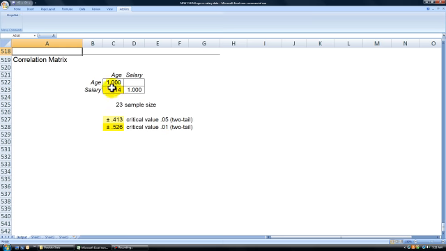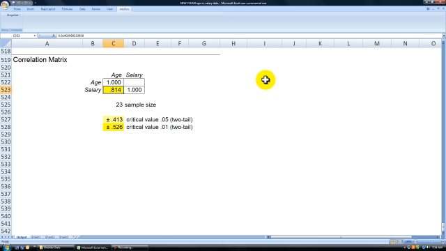So this 0.814 is our correlation between age and salary. The correlation coefficient, as you'll see in the slides, can be any value between -1 and +1. The sign, negative or positive, tells us whether it's a positive or negative relationship. We obviously don't see a negative sign here, so it's a positive relationship, which is what we'd expect. Age and salary move in the same direction.